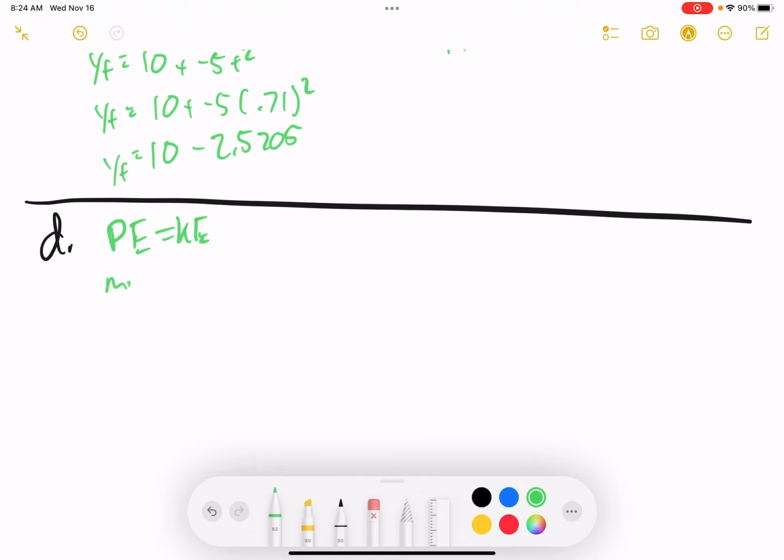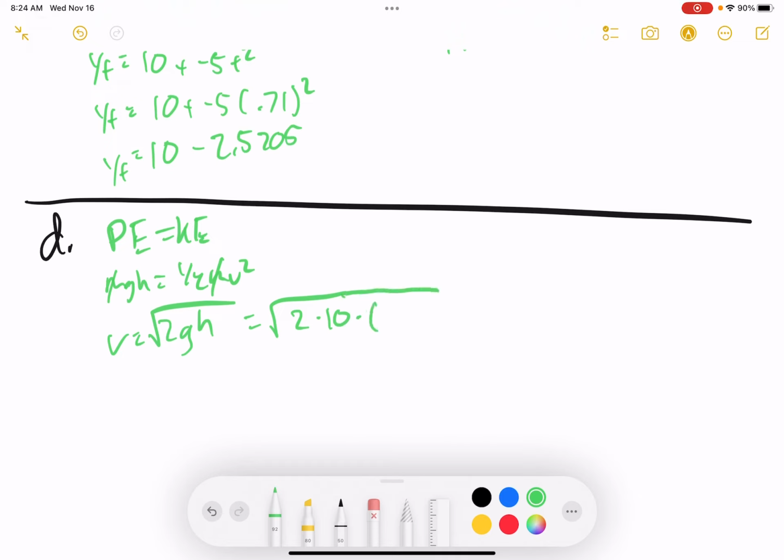And so I have mgh equals 1/2 mv squared, m's cancel, and so v equals root of 2gh. And so that will just equal the root of 2 times 10 times my h is just going to be this number right here, okay? That 2.5205, because that's the amount I actually fall, okay?